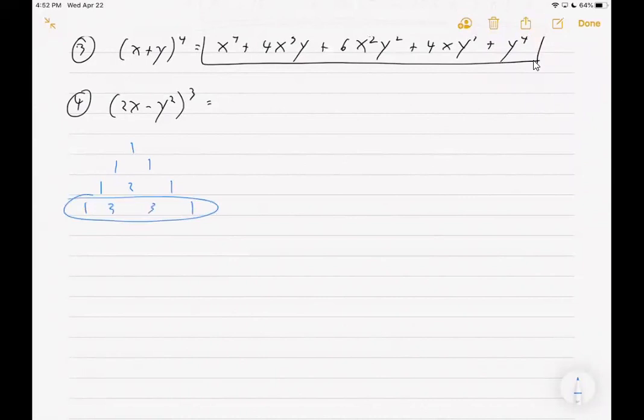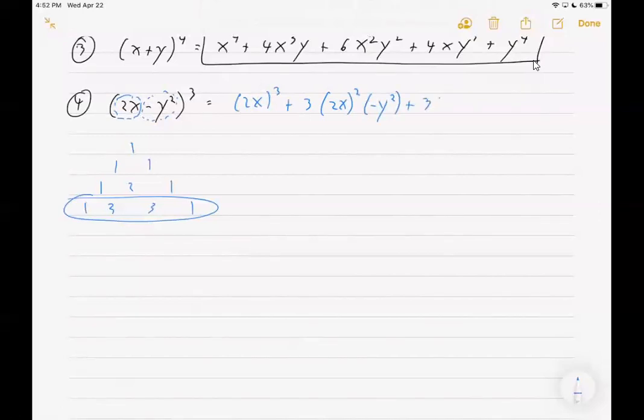Now the factors, though, are 2x, and then be careful, it's negative y squared. Those are the 2 factors that we're working with. So if we were to take 2x all 3 times, there's only 1 way to take that factor 3 times. There are 3 ways to take the first factor twice and the second factor once.